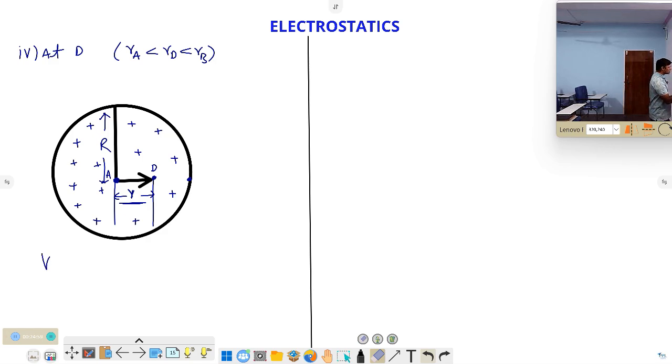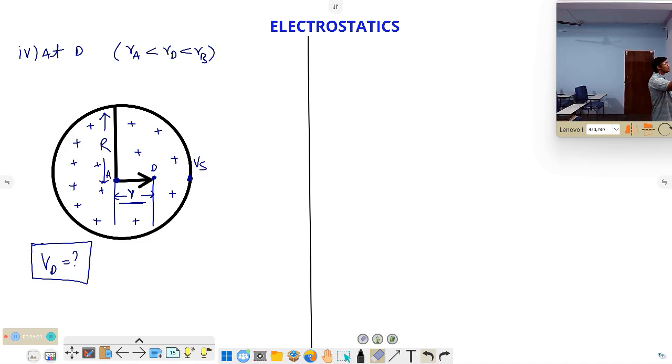So what is the potential at D point? We write it compared to the surface, that is nothing but V_S, where S means surface. To understand this, we can go through the relation with electric field, because you know the electric field inside the non-conducting sphere, and using that we can solve this.